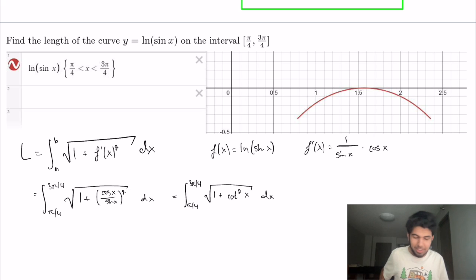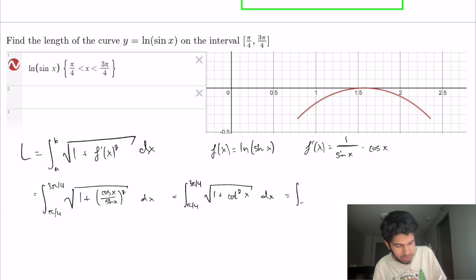Well, if we remember some of our trig identities, we should know that 1 plus cotangent of x squared is equal to cosecant squared. So this is equal to the integral from pi over 4 to 3 pi over 4 of the square root of cosecant squared of x.